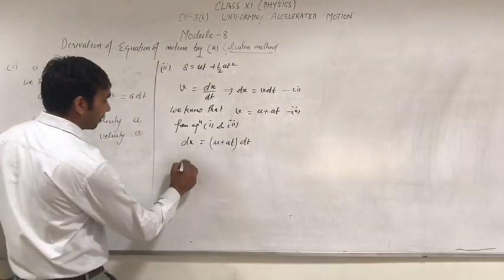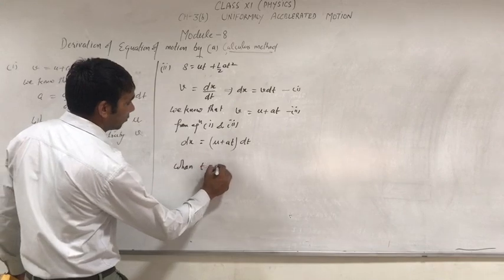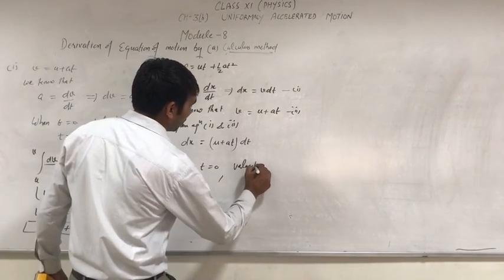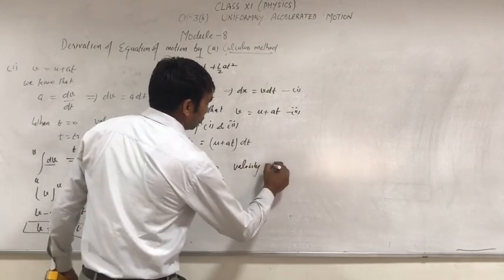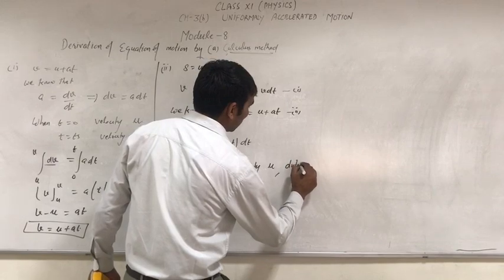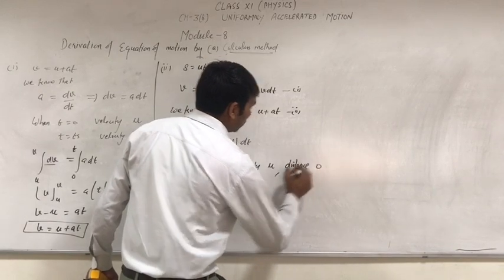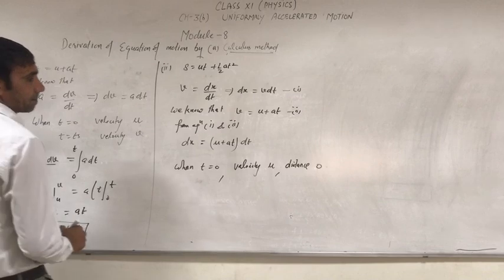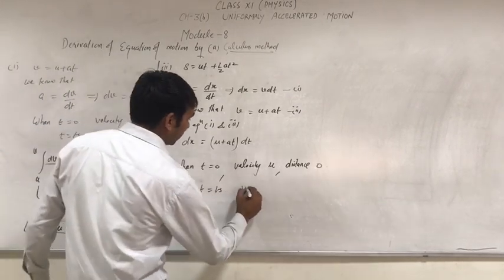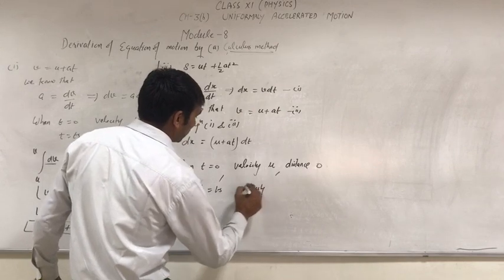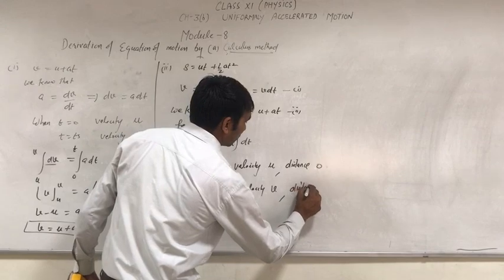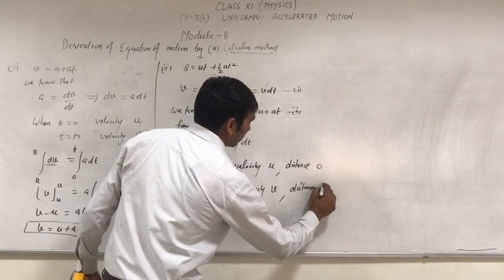When time t is equal to 0 seconds, velocity is u, displacement is 0. When time t is equal to t seconds, velocity is v, distance is s.